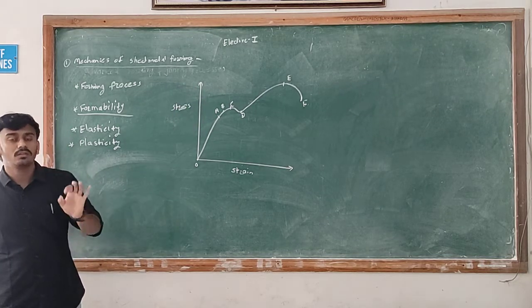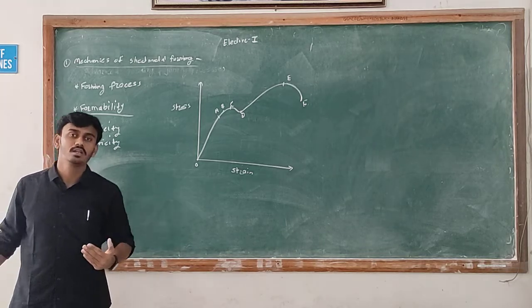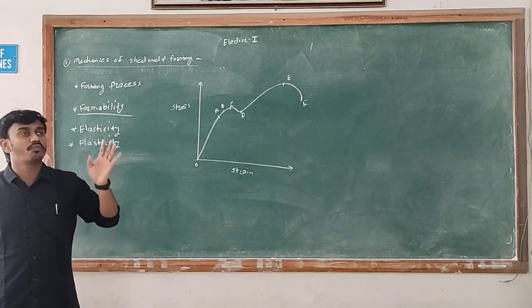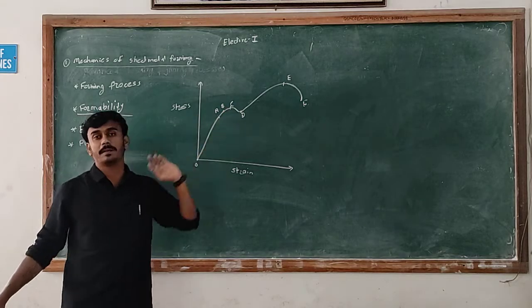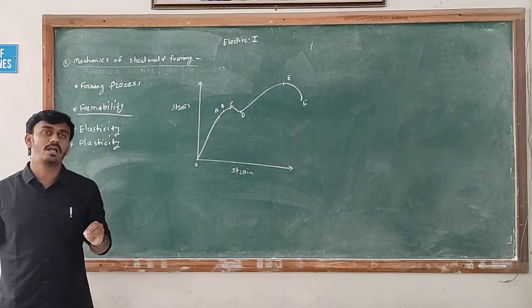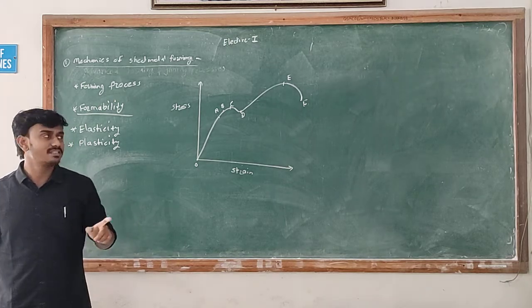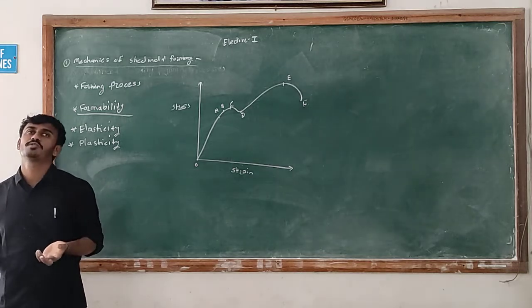So when we want to convert our sheet metal into a required shape, the force applied on the material should be greater than this point B. Otherwise, if this force is less than B, then the material will again return to its original position.